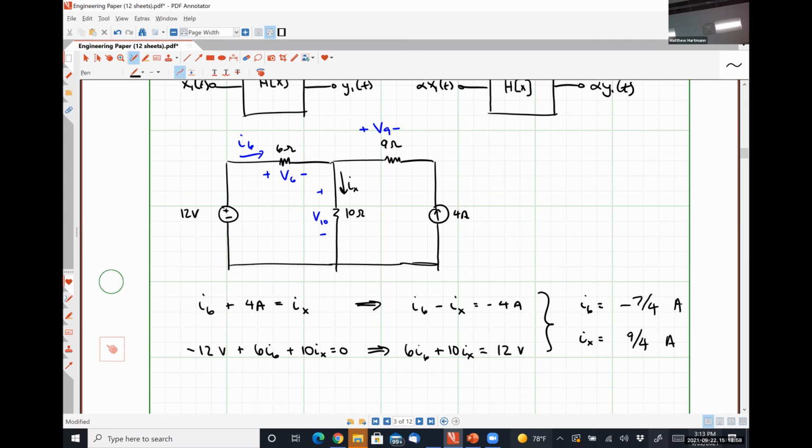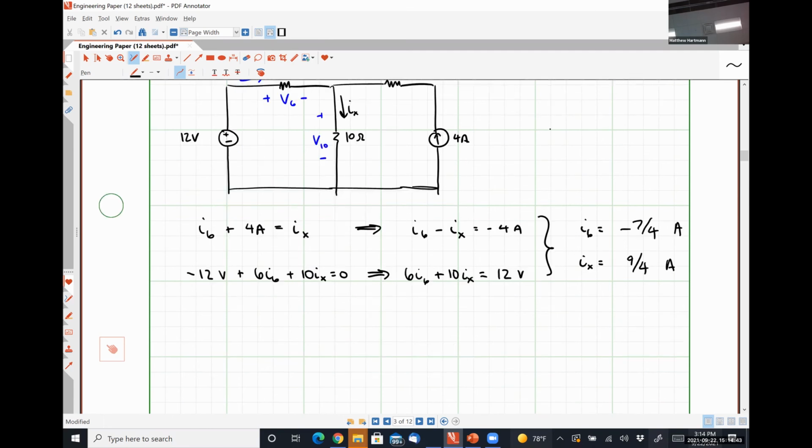So let's say that I scale the voltage source by a factor of -3, and the current source is scaled by a factor of +5.